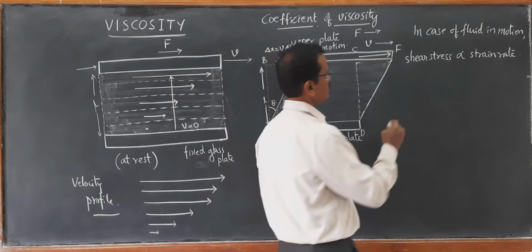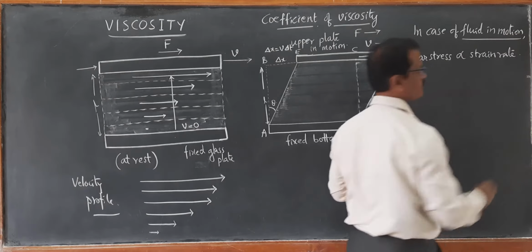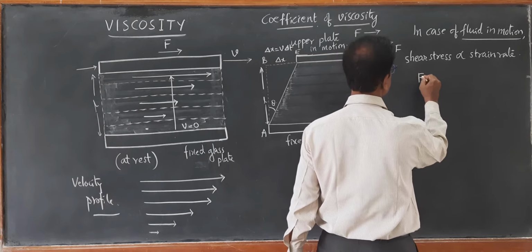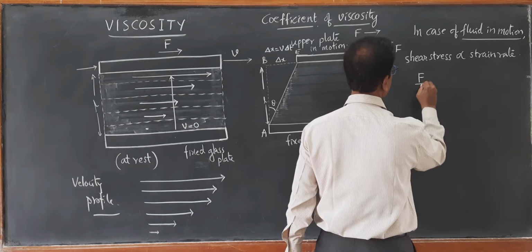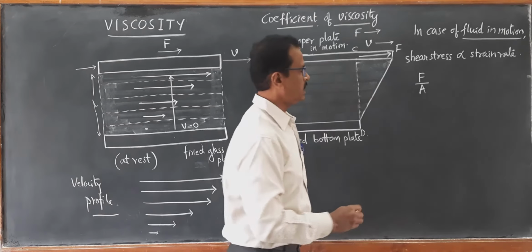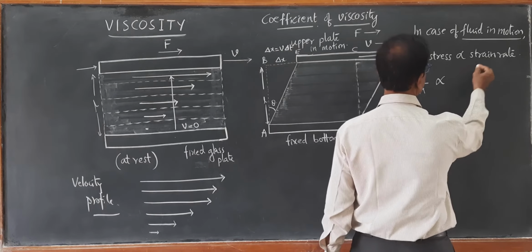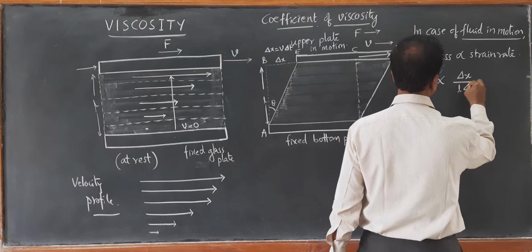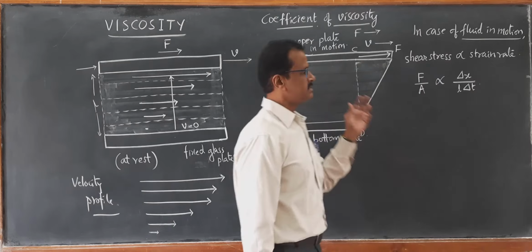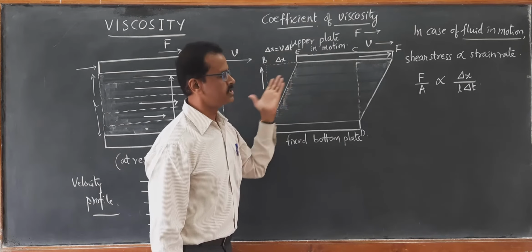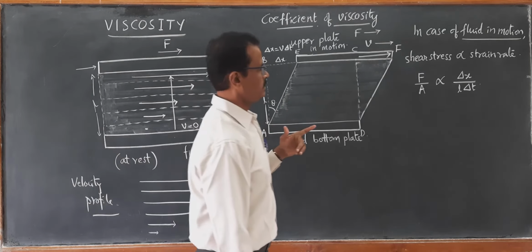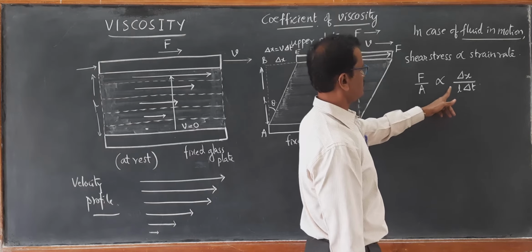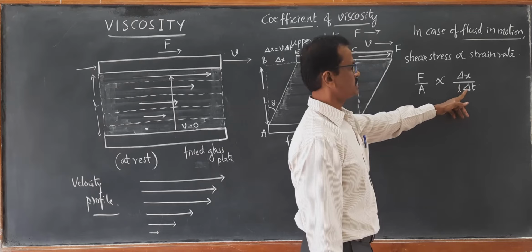This is the case for fluids in motion, right? So shear stress F upon A, tangential force per unit area, is directly proportional to strain rate, delta x by L into delta t, where delta t is the time taken for this change of shape.